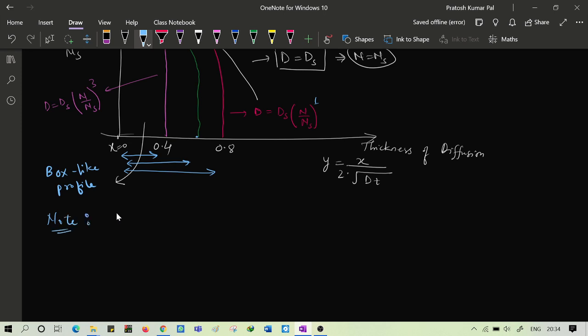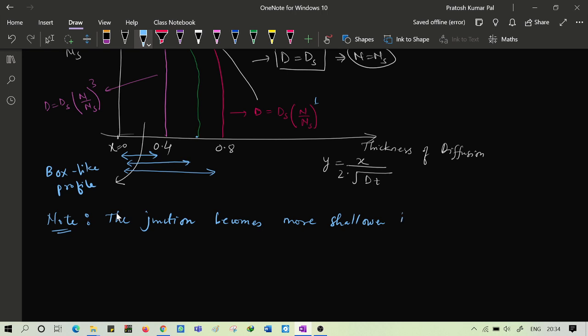with this curve, we can see that the junction becomes more and more shallower.